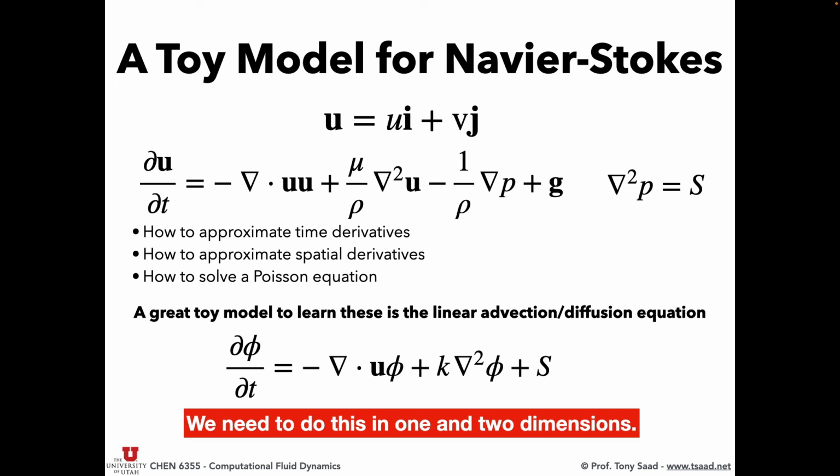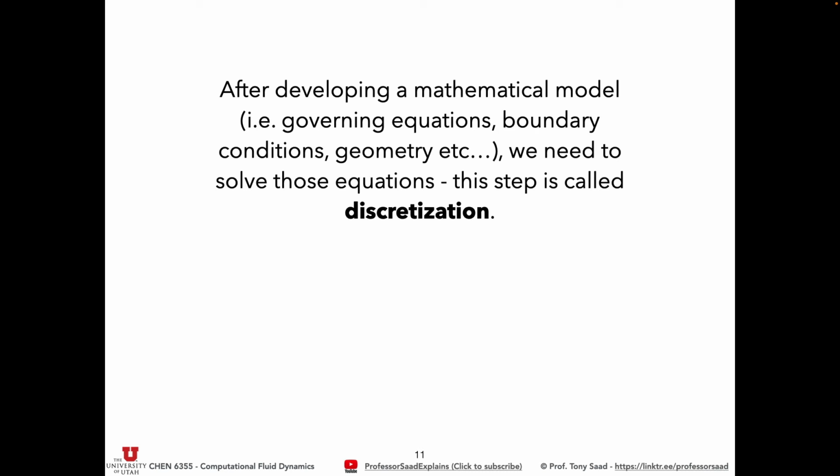Now, when this is steady, so there's no time-dependent term, and there's no advection term, this automatically becomes a Poisson equation. Okay, so we're going to do that as well. We're going to do it in 1D first, and then the 2D will be the last thing we're going to do for that equation.